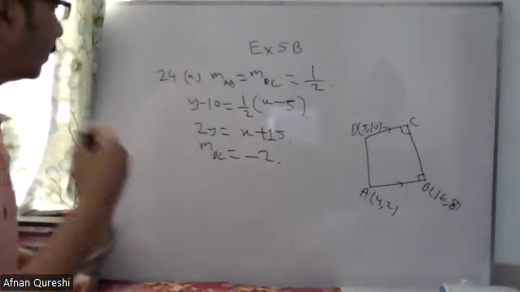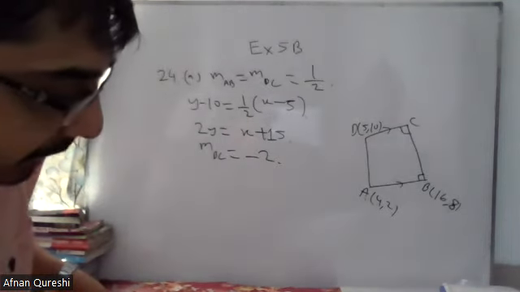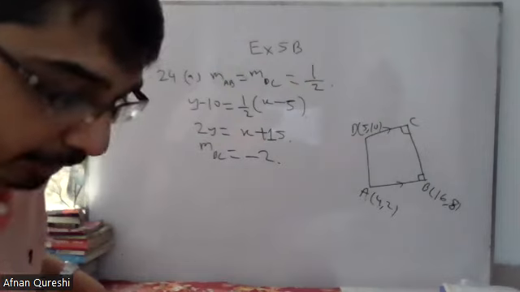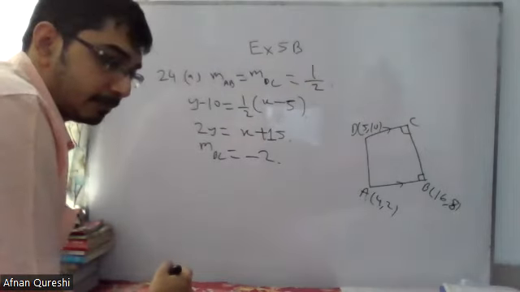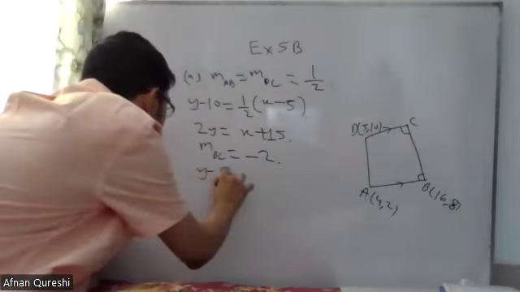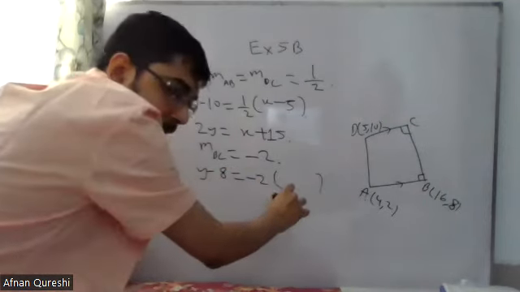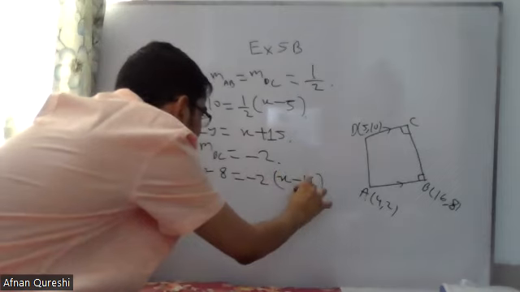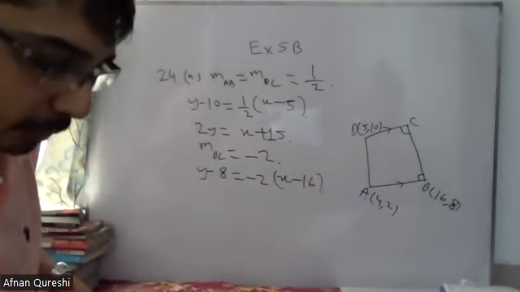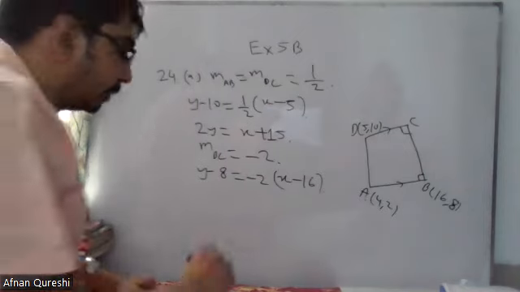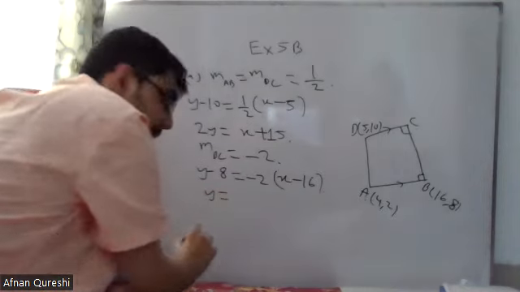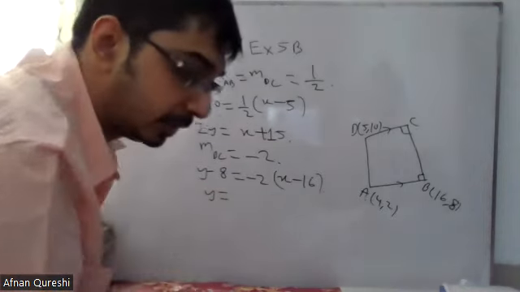So what is the equation of BC? I'll use the coordinates of point B. Now if I simplify, it's going to be y is equal to minus 2x plus 40.